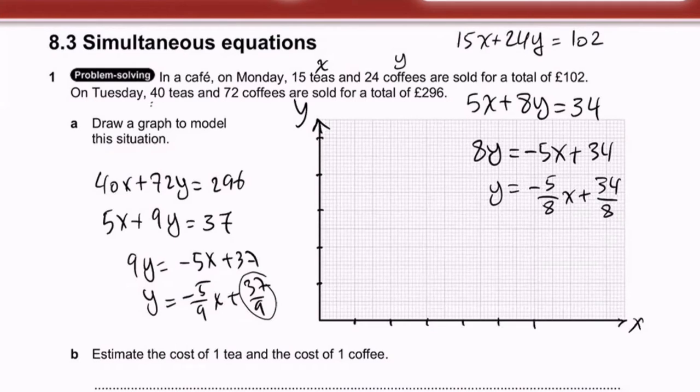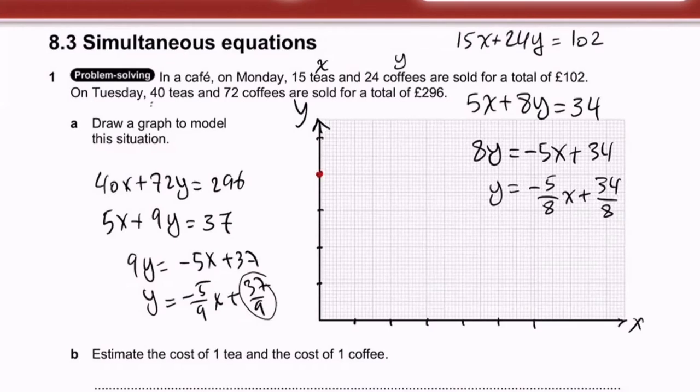Okay, now for drawing the first one, 37 over 9 equals 4.1, so about 4. It will be here, 1, 2, 3, 4.